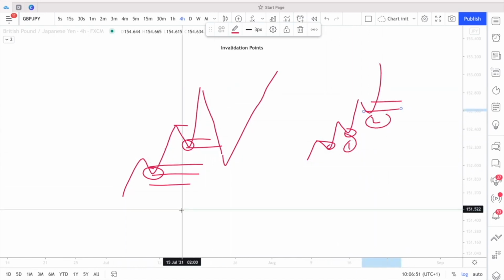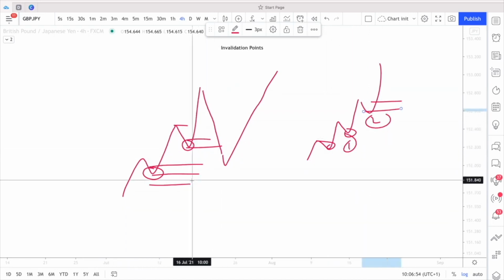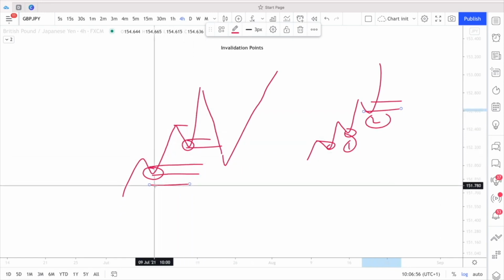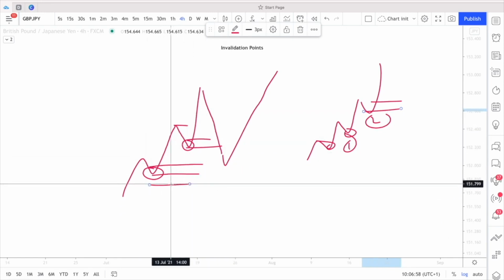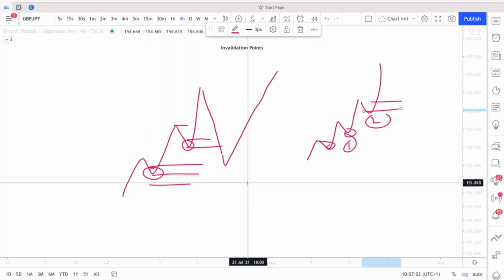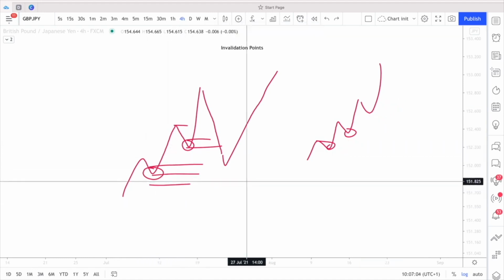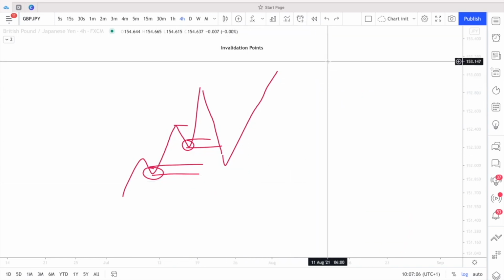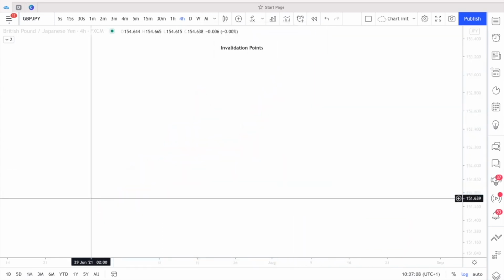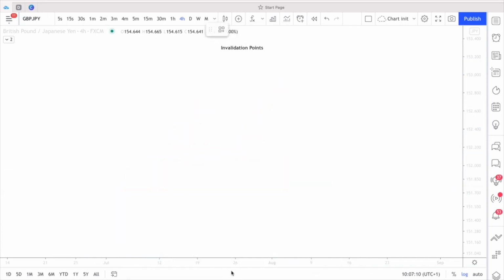So with this being said, our main important invalidation is under the impulsive OB at that given time frame, at that given point. The other point of invalidation that we have is the mitigation point.